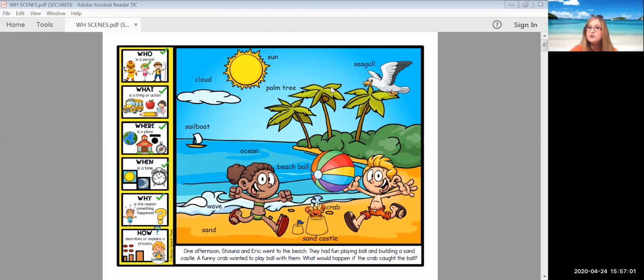So it's important to remember that when you read your book for school, a library book, or a book that the teacher assigns, you need to think about all of these story elements. Who did what, when, where, why, and how.